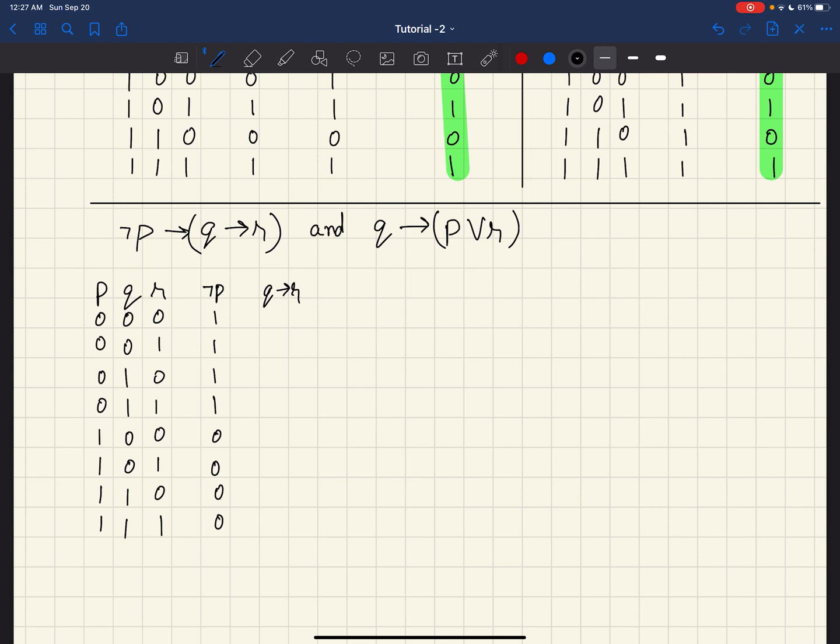We don't care about the left, but when left is true, the right hand side variable needs to be true. So here it will be 1, 1, 0.